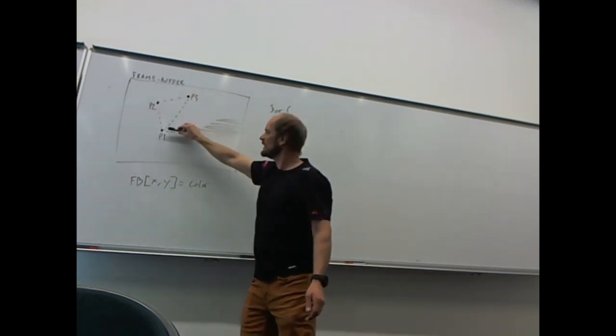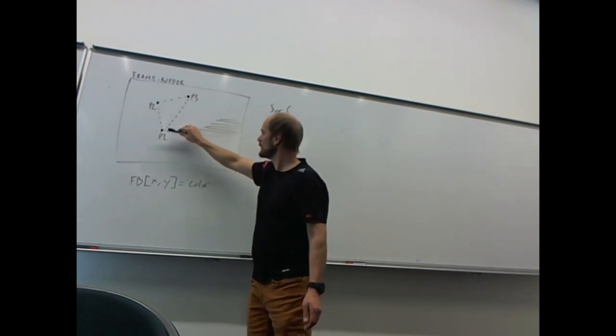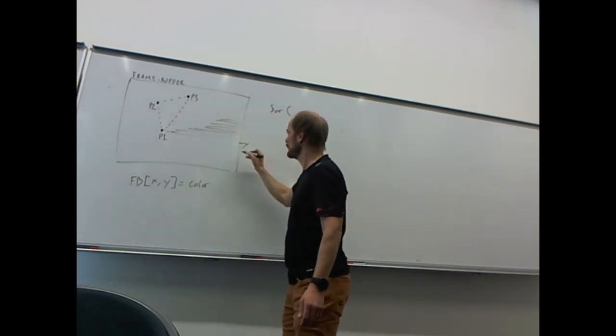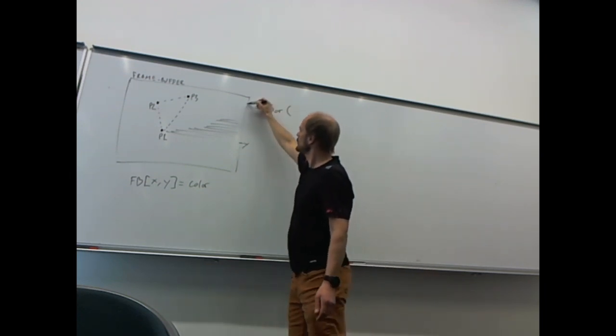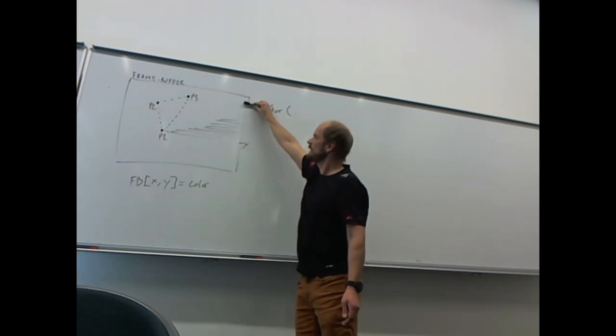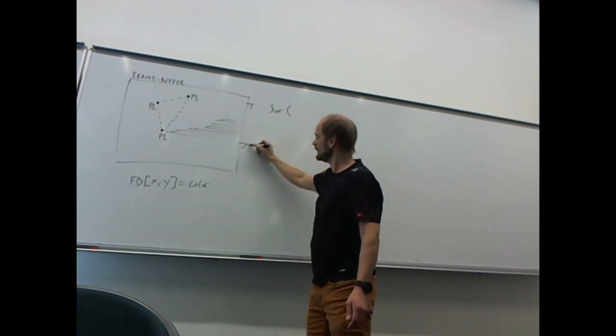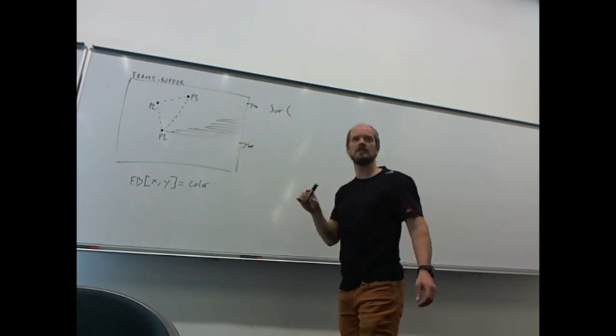So I'm in some way, yes, I'm going towards P2, but if I start at P1, I'm kind of starting at a specific y value, right? And I want to go up to some other y value. I want to start here, and I want to go up to here. Starting at y bottom, ending at y top. Does that make sense?